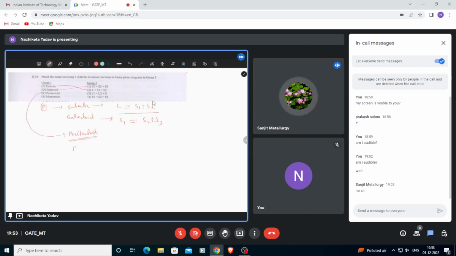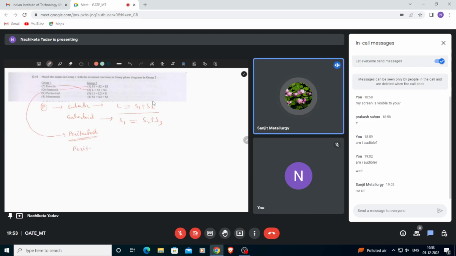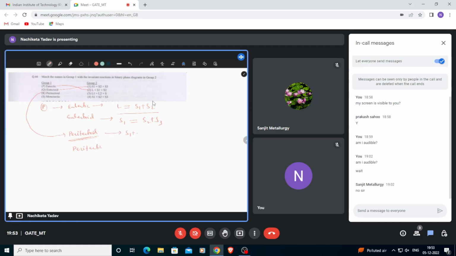In peritectoid, okay, yes, S1 plus S2 becomes S3. Yes, this one will be plus. And in peritectic, we know liquid plus alpha will become a single solid.